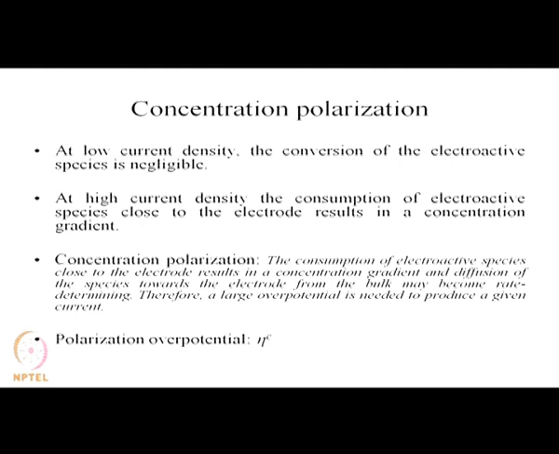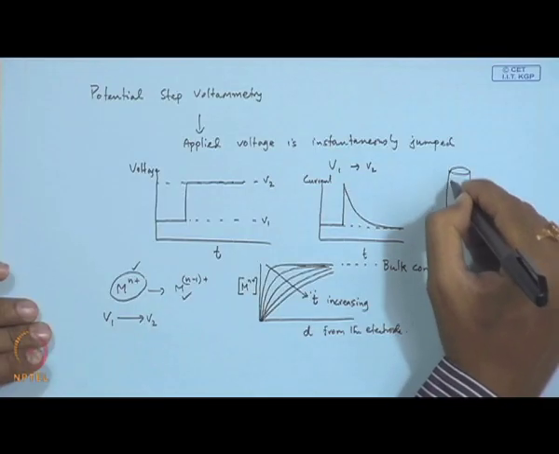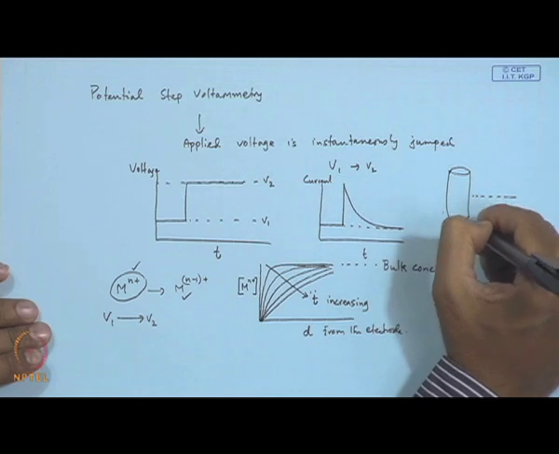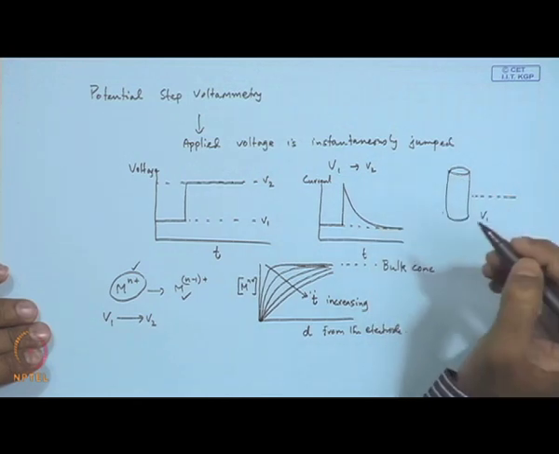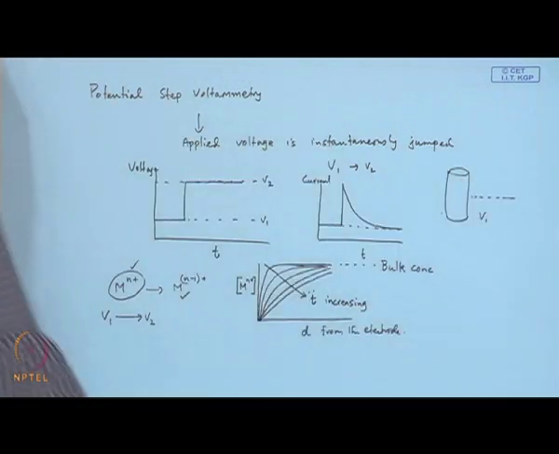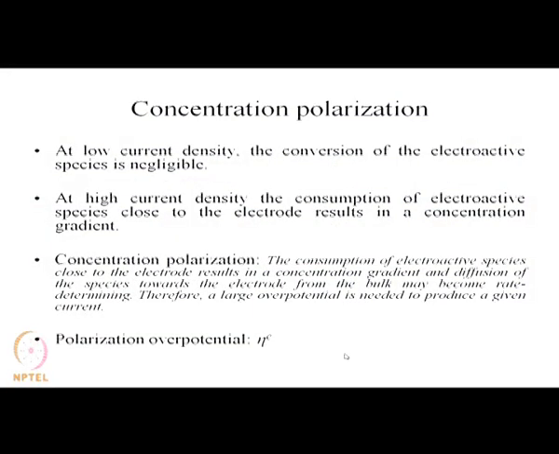Since there is a concentration difference, a huge concentration gradient is created. That overpotential may be regarded as the polarization overpotential.